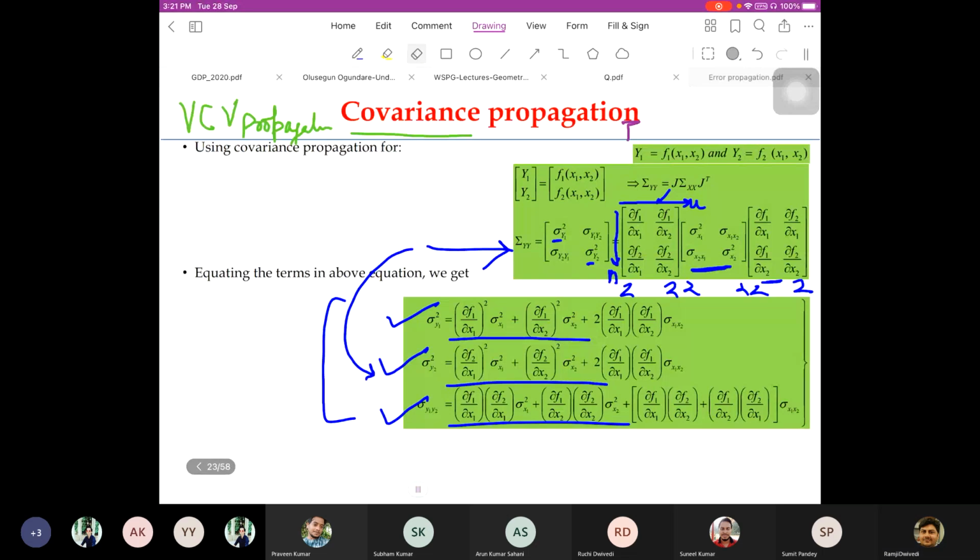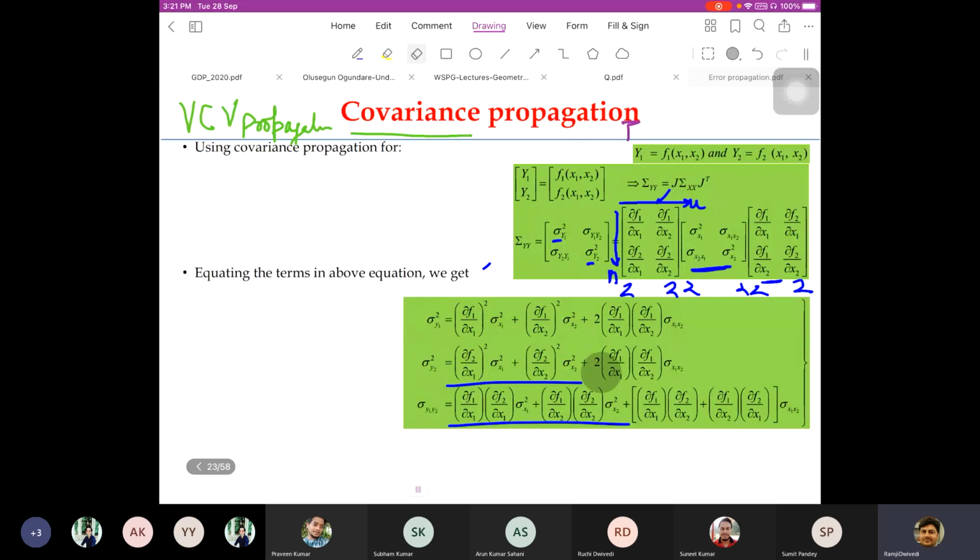Any questions? Any question on the structure? Why we are writing this? If you have any doubt, this is the high time we should ask.